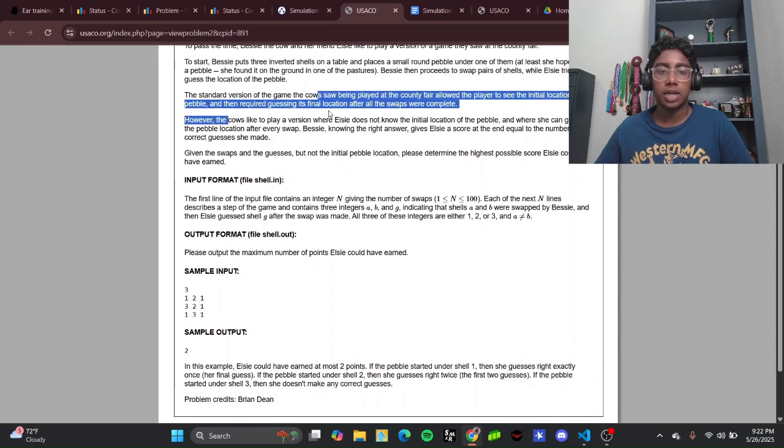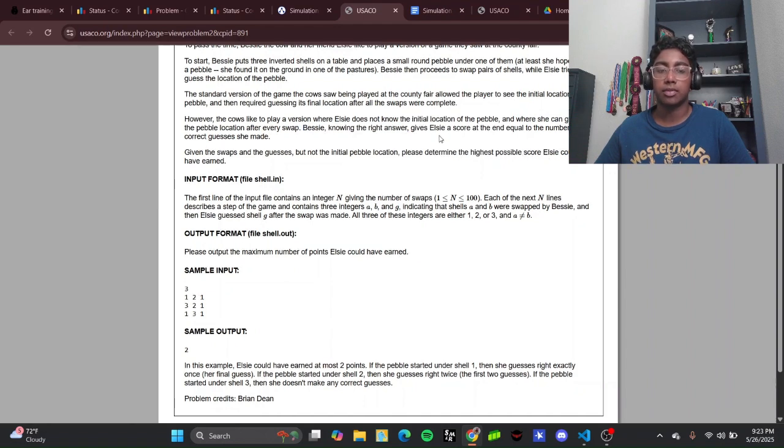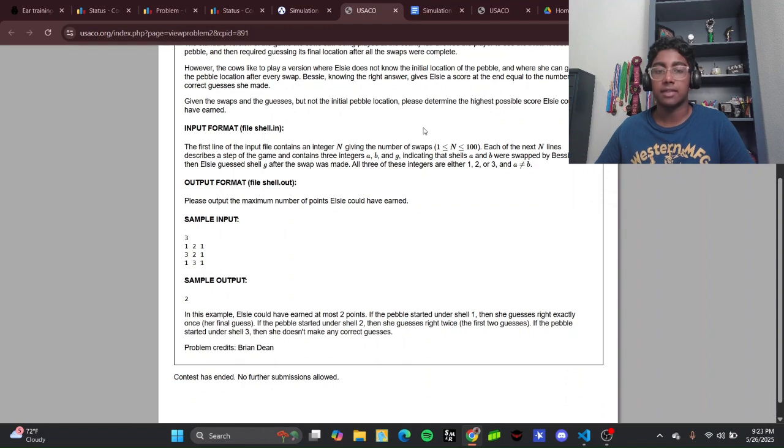But Bessie and Elsie are trying to play a different version where Elsie doesn't know where the pebble originally is, and she can guess where the pebble is after each swap that happens. Bessie knows where it actually is and gives Elsie a score based on the number of correct guesses she made at the very end. So we have to determine the highest possible score that Elsie could get.